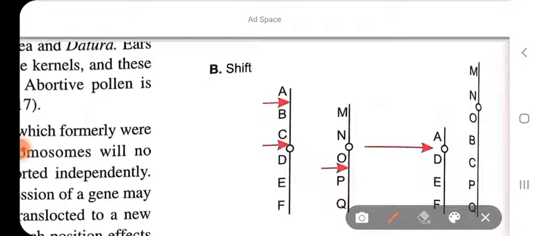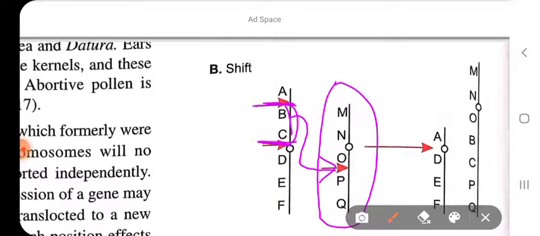Here we can see BC is the interstitial segment, or intercalary region, of a chromosome, breaking off, and this segment is reuniting, inserting within the break of another non-homologous chromosome. So this is another non-homologous chromosome, and this segment is going to be inserted here.